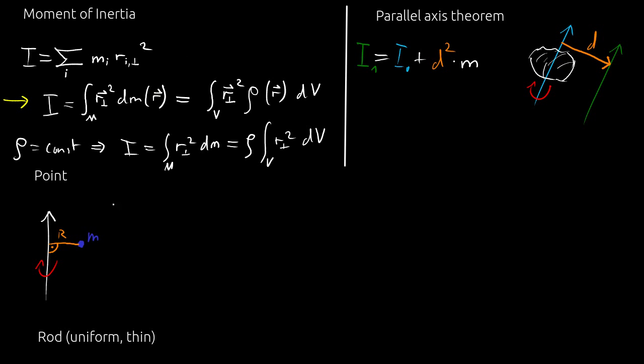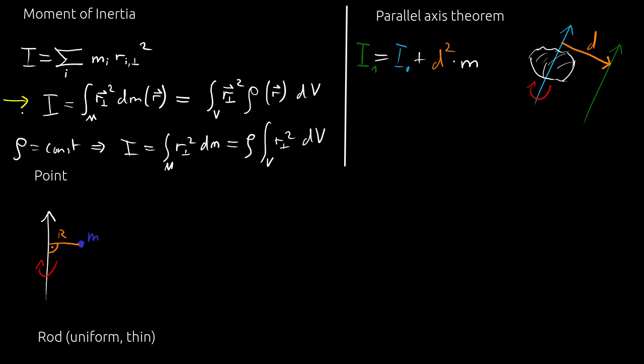If we have a point mass spinning around this axis here, the corresponding r_perpendicular is in this case capital R. That's the same for every object.